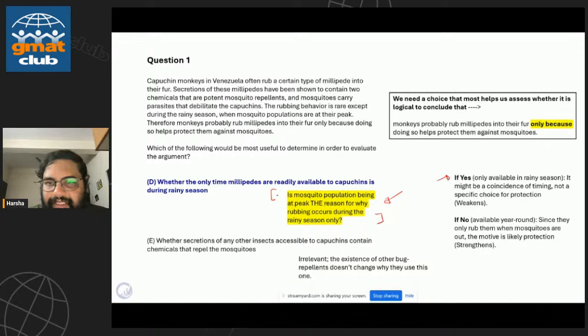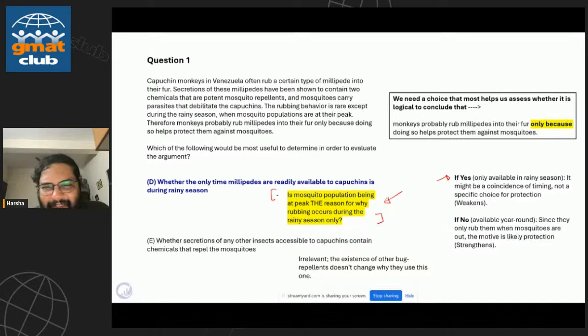If yes, what does this mean? If the answer is yes, that means millipedes are readily available to capuchins only during the rainy season. Then the fact that they are rubbing millipedes into their fur only during rainy season might not be because of mosquito repellents. It might be because that's the only time the monkeys are able to find these millipedes.